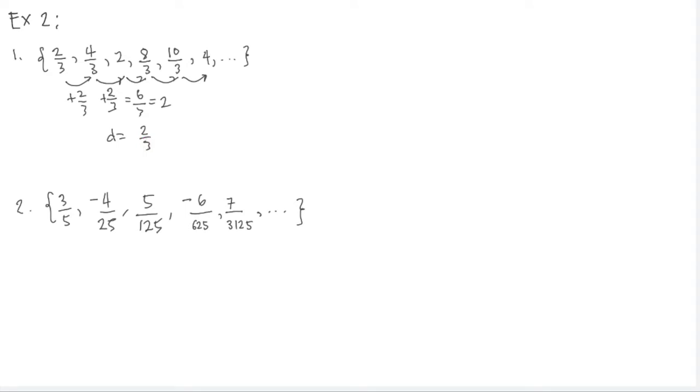What's the formula for the general term of an arithmetic sequence? The formula for the general term is the first term plus n minus 1 times d. Having that in mind, a_n equals the first term, 2 over 3, plus n minus 1 quantity times 2 over 3. If we simplify that, we have 2 over 3 plus 2n over 3 minus 2 over 3.